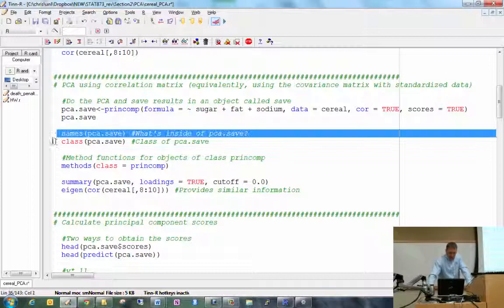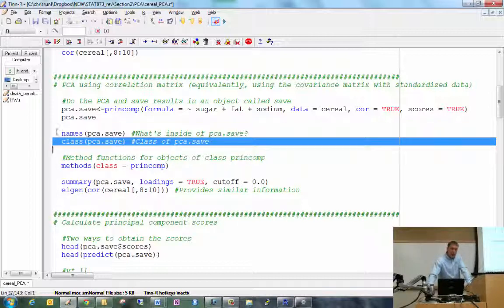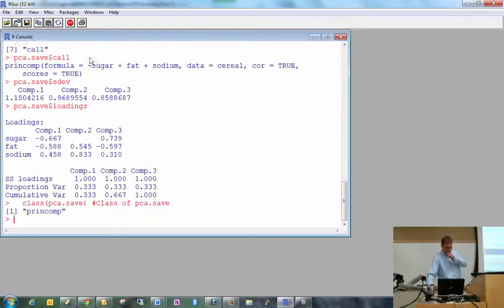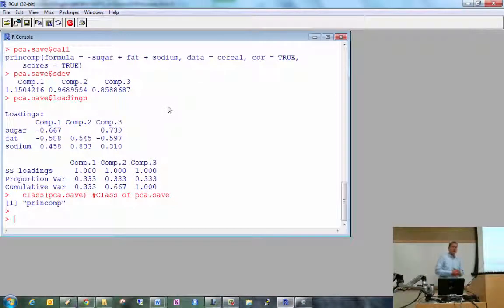Okay. So you should always try the names function with something. Another thing you should do anytime you're encountering a new function, when you want to know what information is given back to you, is use the class function. This was talked about in the introduction to R notes.